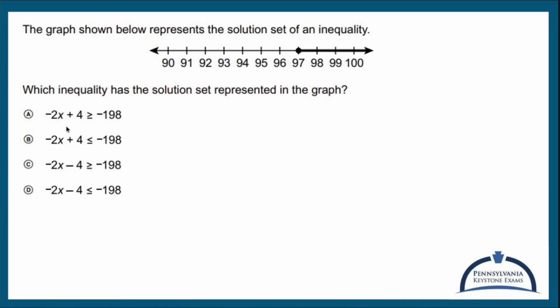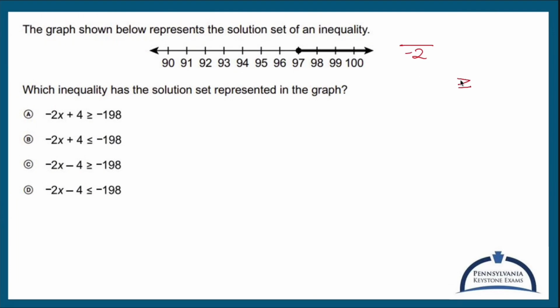And in all of the options, I notice that every variable is -2x, which tells me that eventually I'm going to divide both sides by a negative. And when you divide by a negative, you flip the sign, right? So my graph in the end is a greater than or equal to.